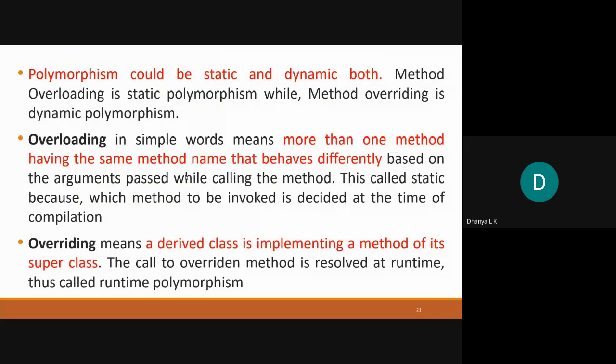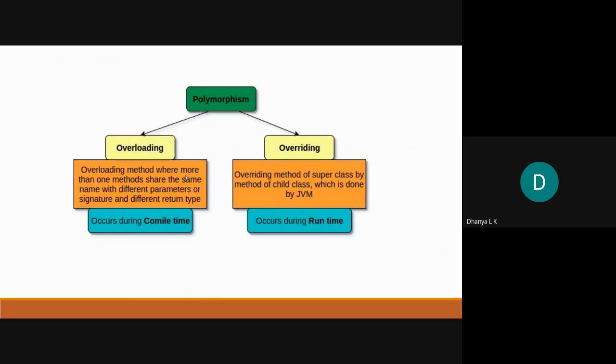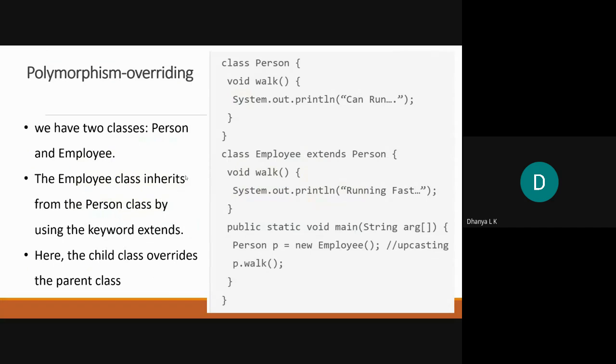And what is dynamic? Dynamic means we will decide at runtime. The execution will be decided at runtime. I will discuss that with an example. Here you can see there are two classes, class Person and class Employee.